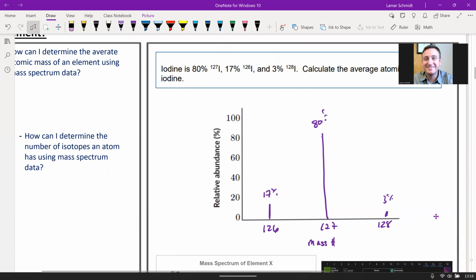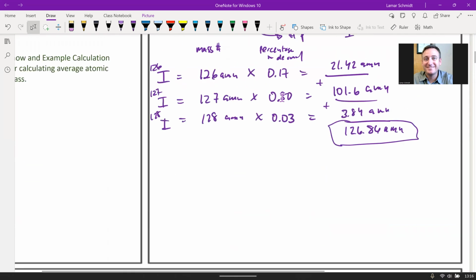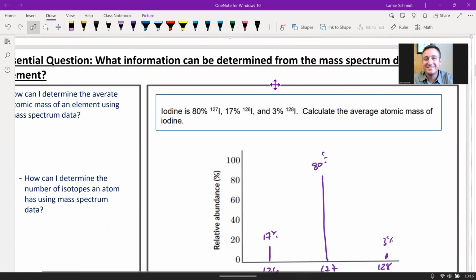Another thing is you might be asked to determine what is the average atomic mass of this using this data, right? Now, can you go do this calculation? Can you do that calculation and be successful on your test? Yes. Are you going to be really slow at it? Yes. So we got to have a different way of doing this.